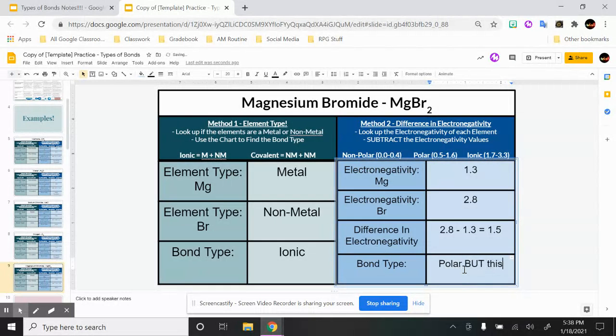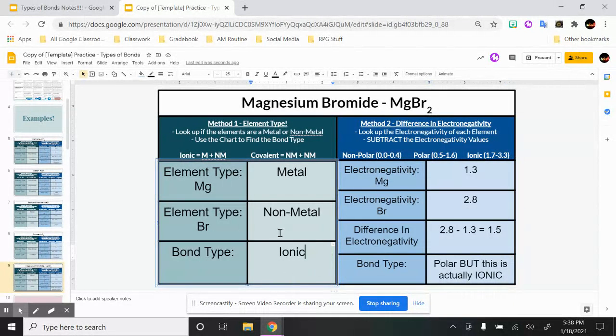But this is actually, wait, I can't spell, actually ionic. Because it is a metal and a non-metal, it's going to be ionic. Maybe this doesn't have as strong of an ionic character as some of our other ones do, but because it's a metal and a non-metal, it's going to be ionic.